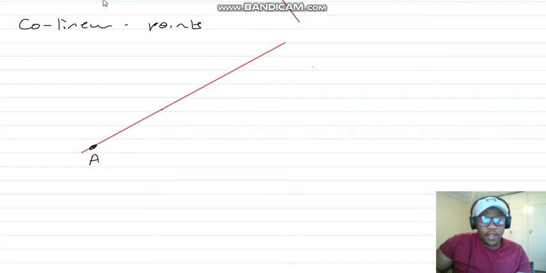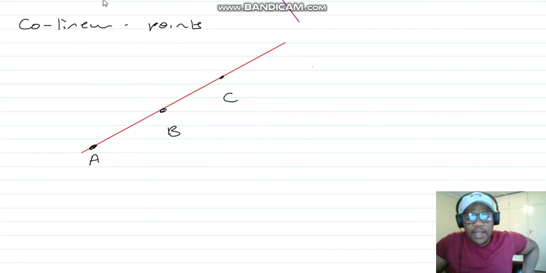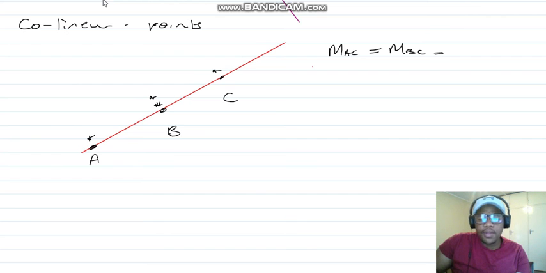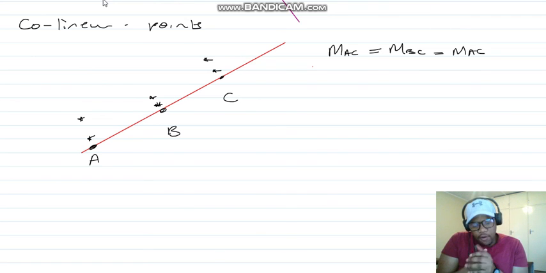So if you have point A, point B, point C, and they all lie on the same straight line, it basically means that the gradient of AB, the gradient you get when you use those two points, is going to be the same as the gradient you get when you use another pair of points. It's going to be the same gradient, and that gradient will also be the same as when you use A and C. This is an amazing property of a line, and it means a lot of things.